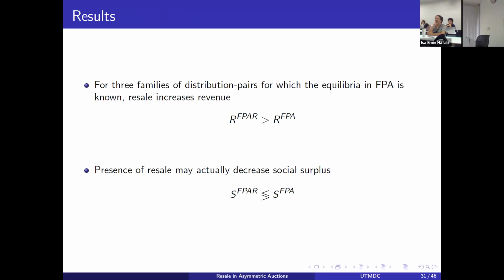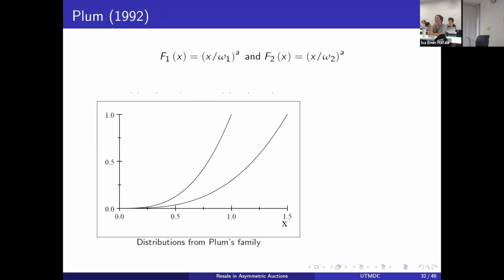All right. So I told you that there are 3 distribution families in which we know a solution to the pair of linked differential equations. The first one is a kind of generalized power distribution. In the past, it was already known how to solve asymmetric uniform distributions.